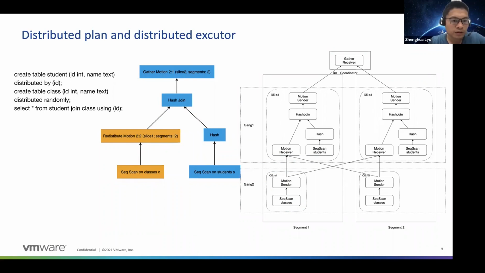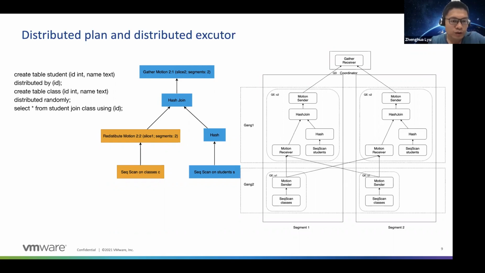Each segment locally only contains a small portion of the data. When you are doing a join or aggregation globally, at some point data has to be moved to some place, because the join condition cannot be matched locally within a segment.